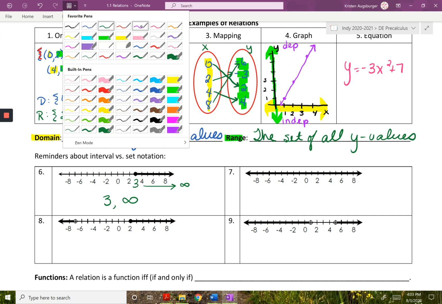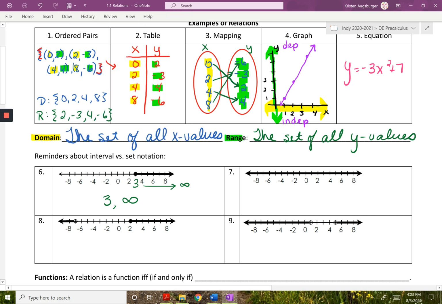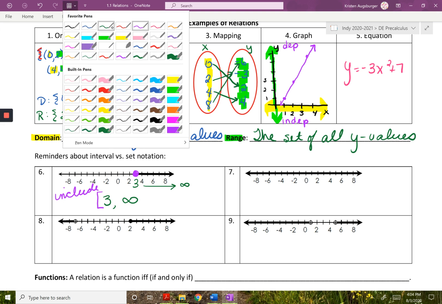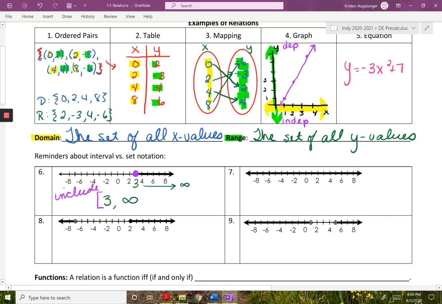But we have to think about what values are included and what values are not included. If we see here, 3 has a closed circle. Closed circle, if you recall, is denoted by a bracket. That says I'm going to include that value. Now, if you think about it, you never truly reach infinity.